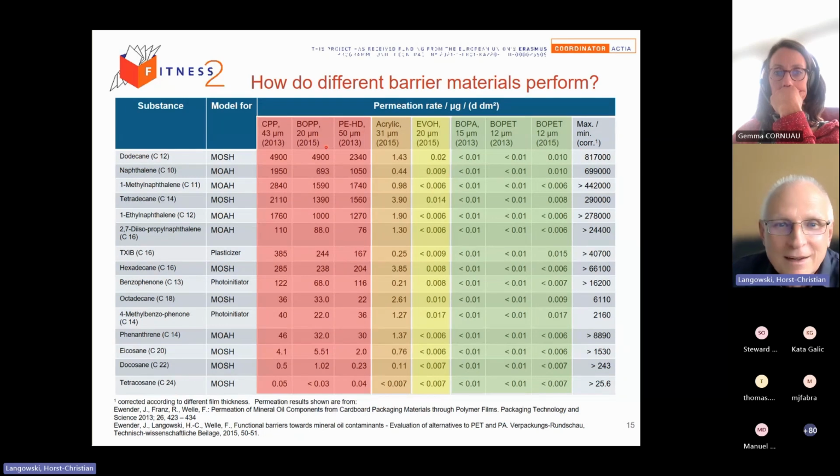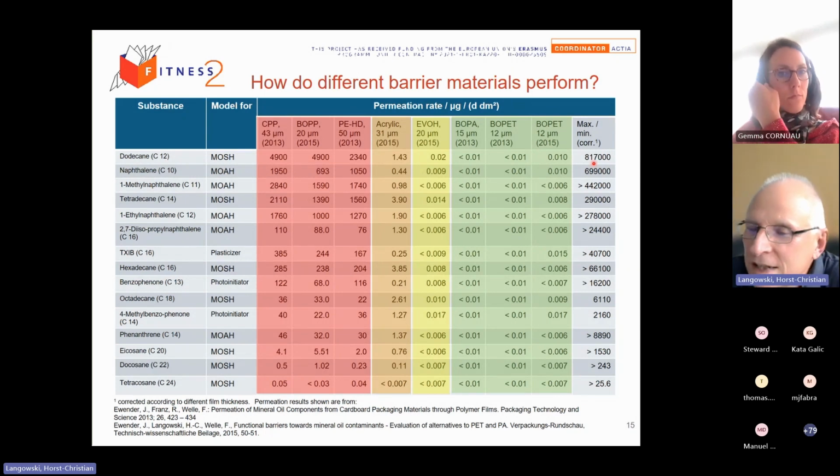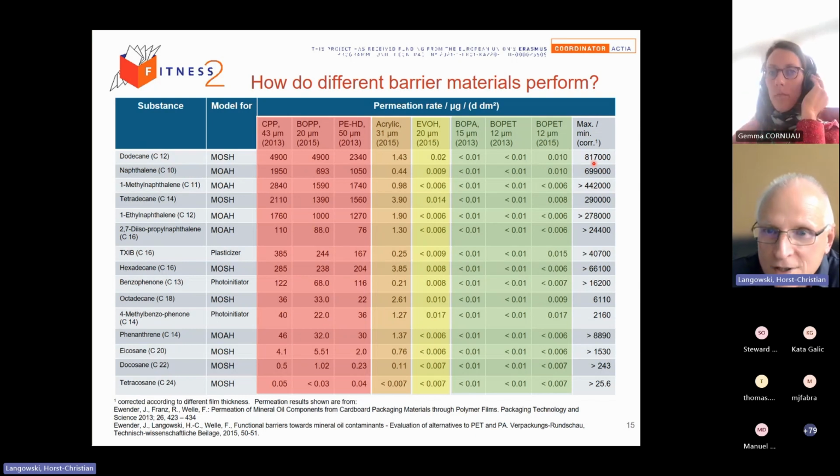And you can see that the polyolefins, cast polypropylene, biaxial-oriented polypropylene, or high-density polyethylene are very poor barriers against this. And if you compare them with really good barriers like PET, you see, for instance, for the smaller molecules, a difference or a factor of nearly 6 orders of magnitude in terms of barrier. So this tells you already that you should be very careful to select the barrier materials.